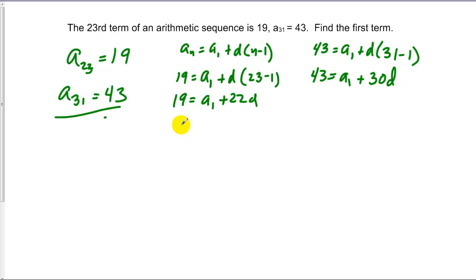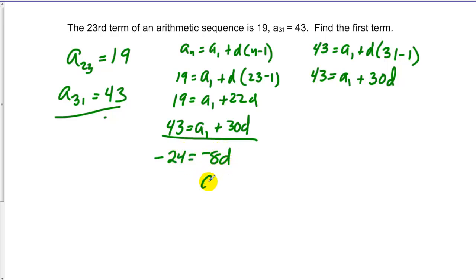Now you'll notice I can take and solve this system of equations. Going ahead and doing that, I get 43 equals a1 plus 30d, and I'm going to subtract the two to get the common difference. So in that case, I end up with negative 24 equaling negative 8d. Therefore, my difference is equal to 3.